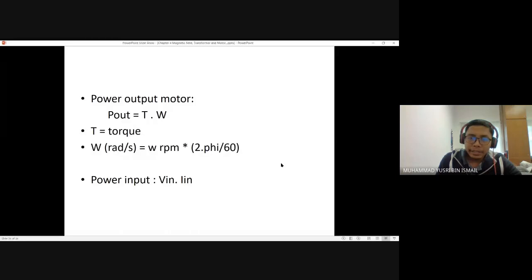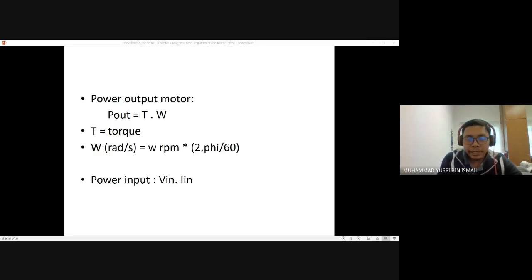Power is basically equal to torque times angular speed omega, divided by 5,250.